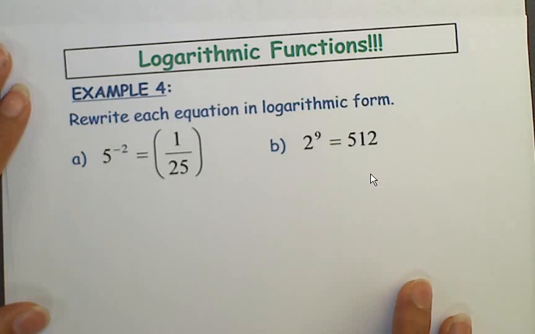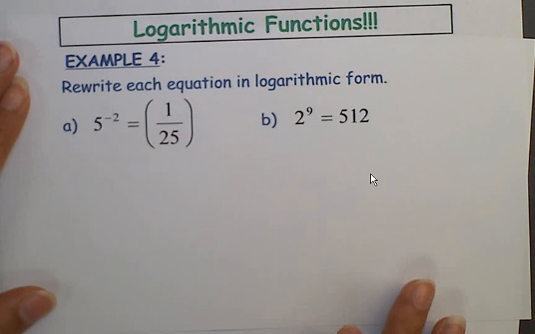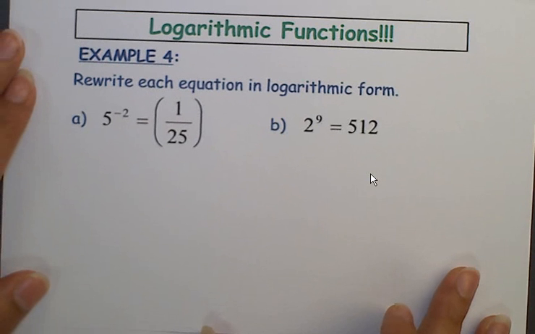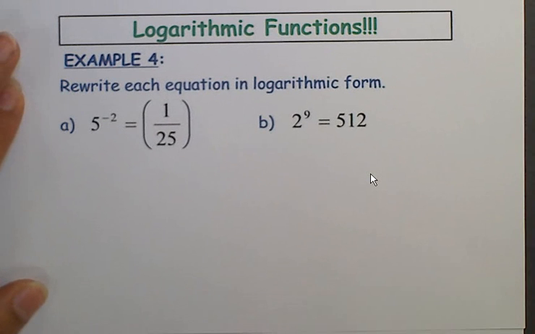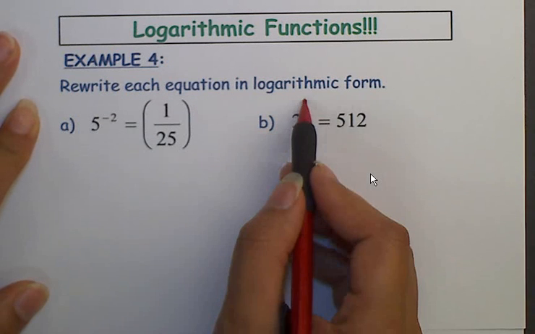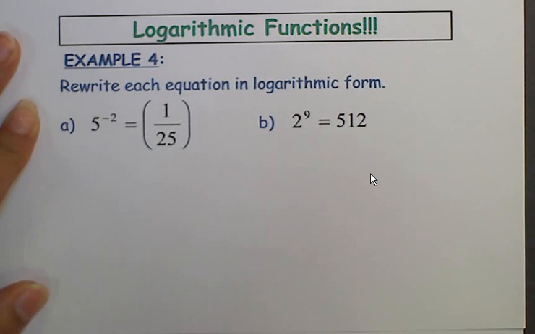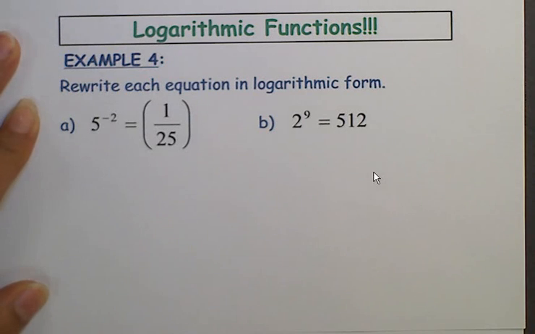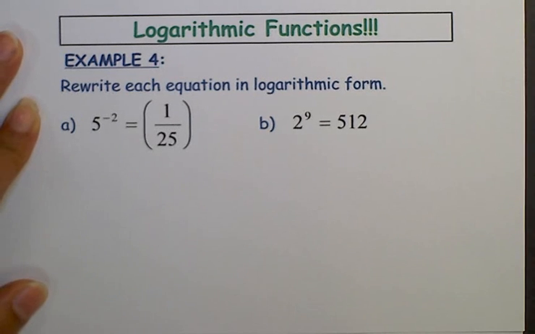Okay, example 4. Okay, this one asks us to rewrite each equation in logarithmic form. So now you're sort of trying to go from exponential form to logarithmic form, and you don't have x and y this time, you actually have the exponents.